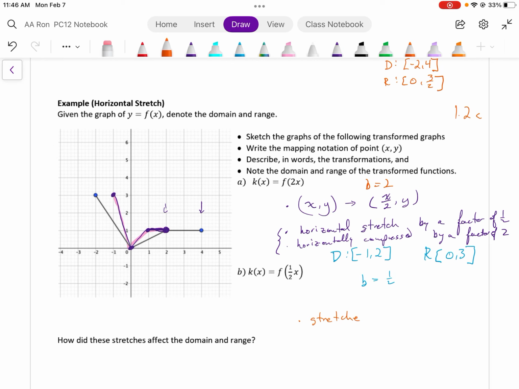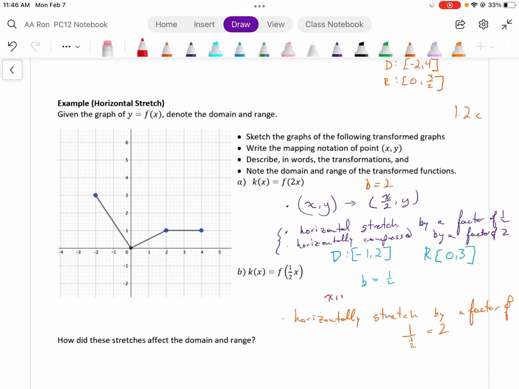I'm going to horizontally stretch by a factor of 1 over 1/2, but this is probably better known as 2. 1 over 1/2 is horizontally stretched by a factor of 2. And just for clarification, and just to make this so much easier to look at and to write, I'm just going to erase this and just do the graph all over again.